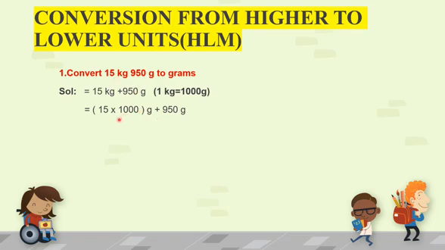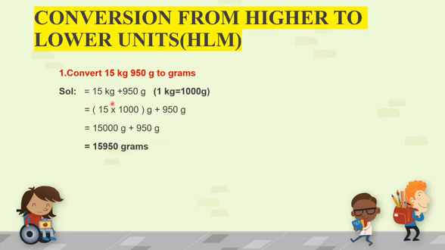So now we have converted 15 kg into 15,000 gram plus 950 gram. Bring 950 as it is, then add both the addends, and so your answer will be 15,950 grams.